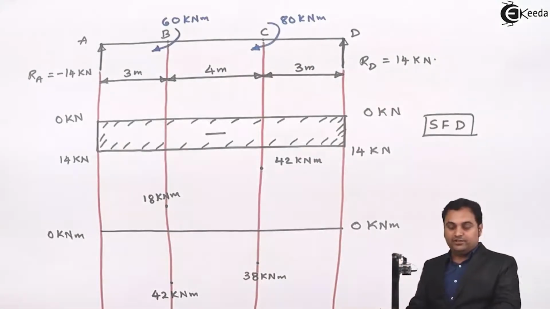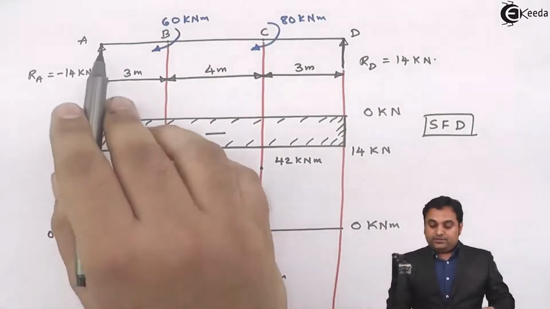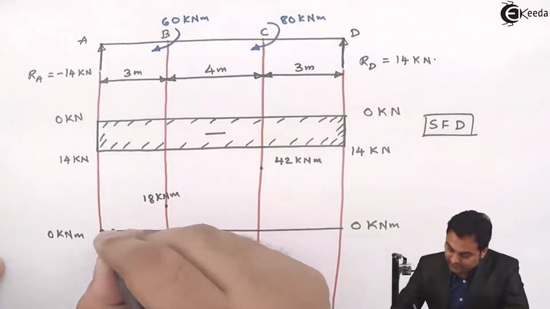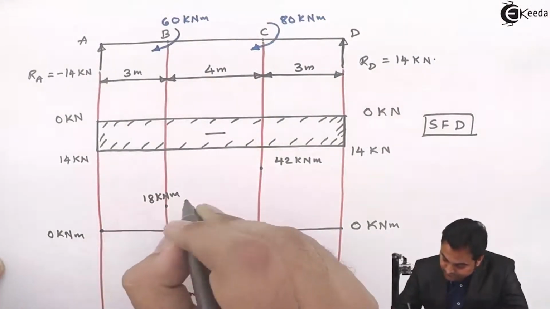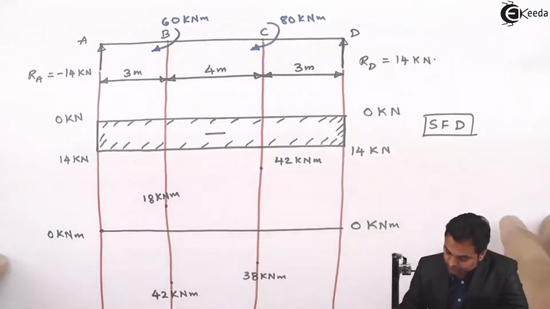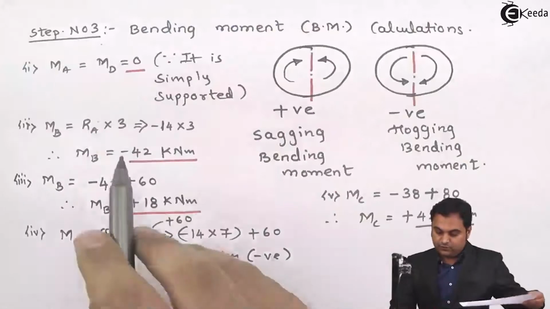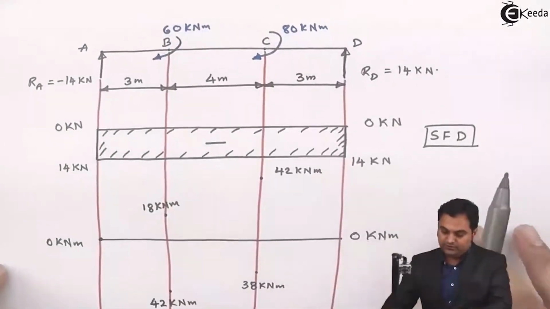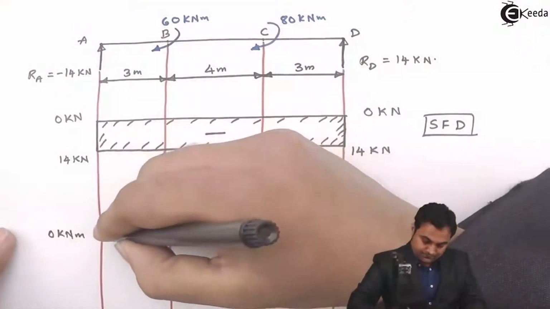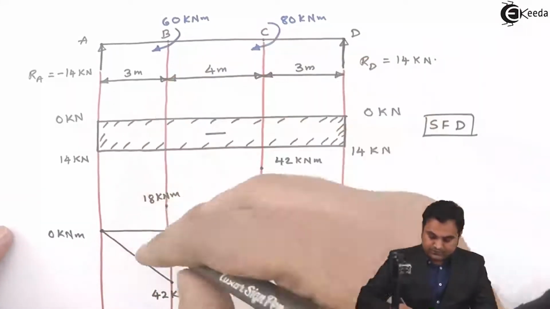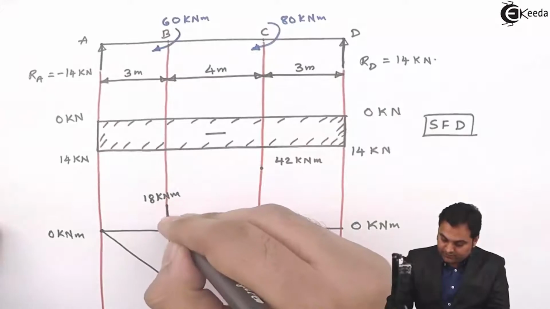So how would I be joining this? Since there is no load between A to B, the bending moment will be an inclined line from 0 to minus 42. So these two points will be joined. Then minus 42 to plus 18.